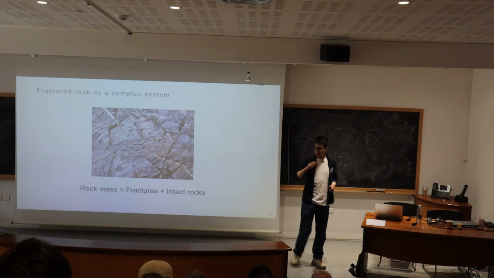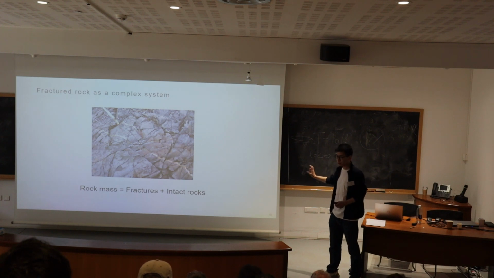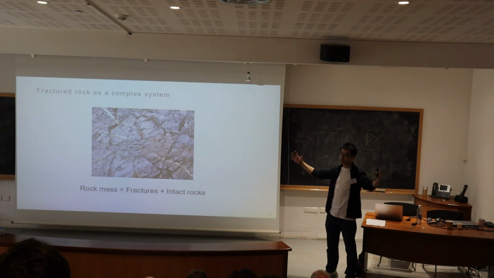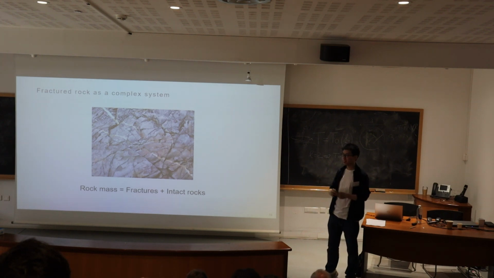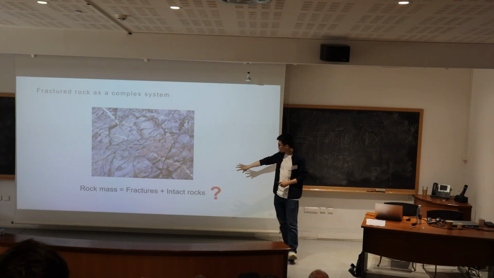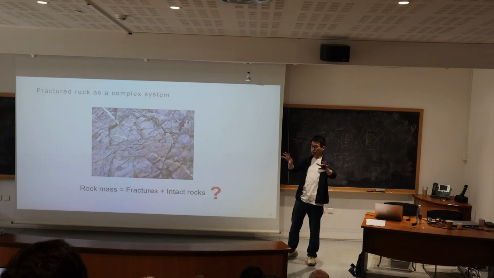This is a conceptual equation assumed in the rock mechanics community for many decades, because compositionally we think the rock mass behavior should be these two components put together. But what I want to say is that it's not only about the two things together, it's also because they can interact with each other.